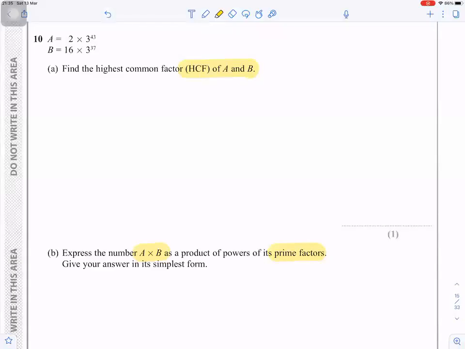Question number 10. A is equal to 2 times 3 to the power 43, and B is equal to 16 times 3 to the power 37. Find the highest common factor of A and B. Part B. Express the number A times B as a product of powers of its prime factors. Give your answer in its simplest form.